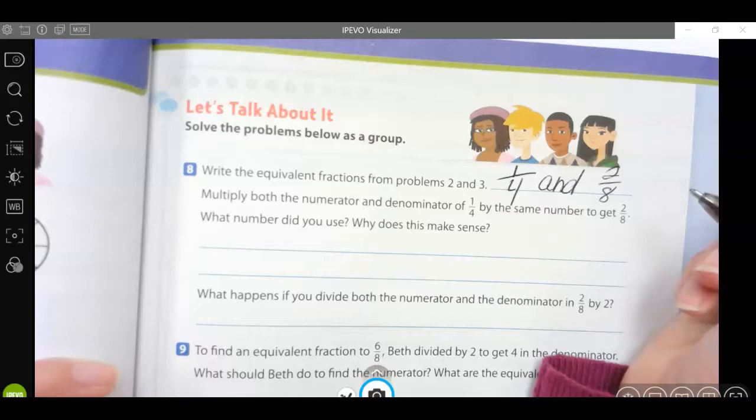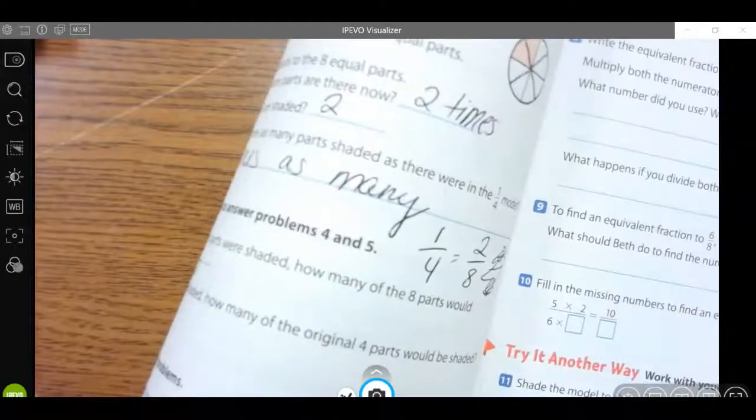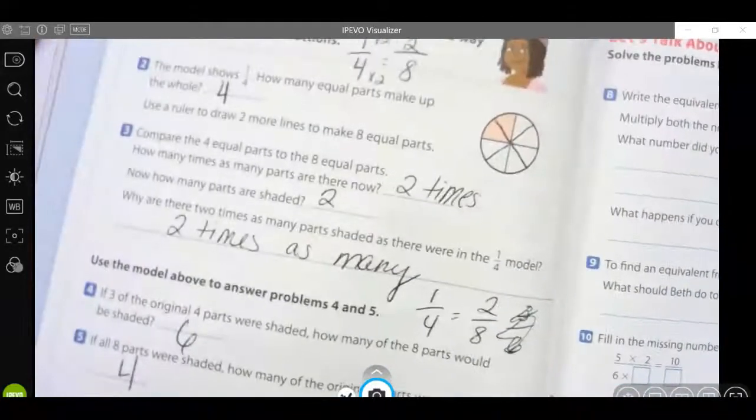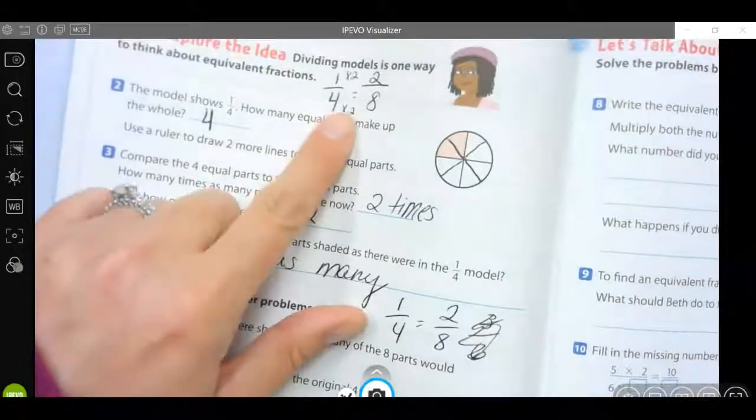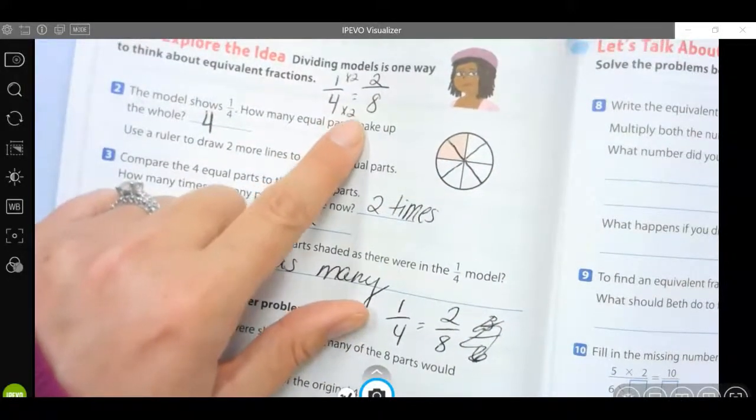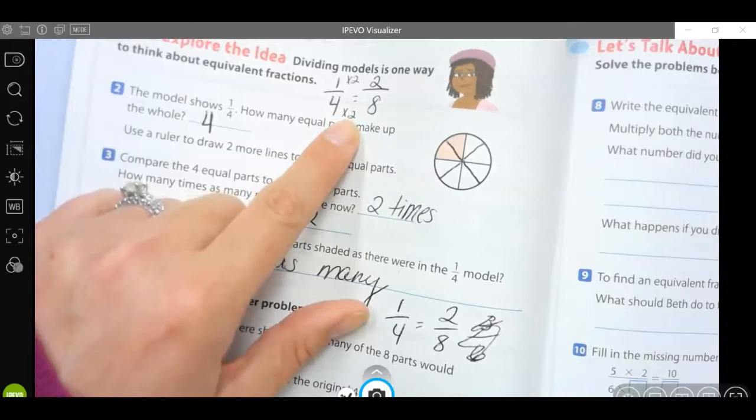Multiply both the numerator and denominator of 1/4 by the same number to get 2/8. What number did you use? Why does this make sense? So let's go back over here. Number 2. See? What number did we multiply? We multiplied by 2. And why did that make sense?